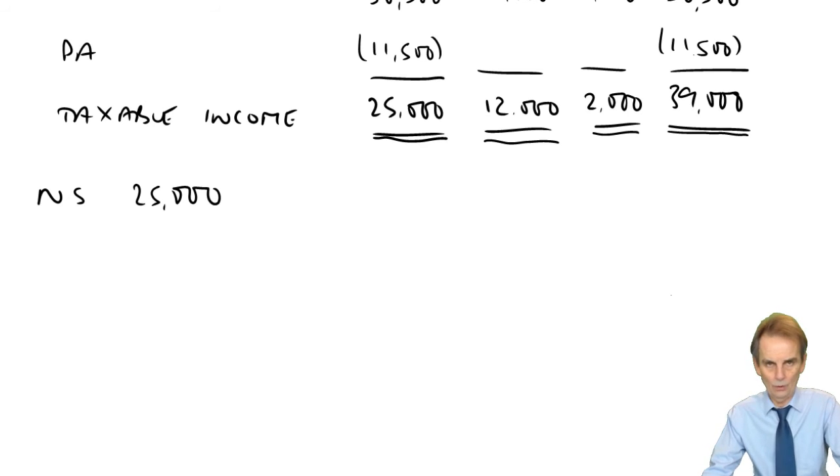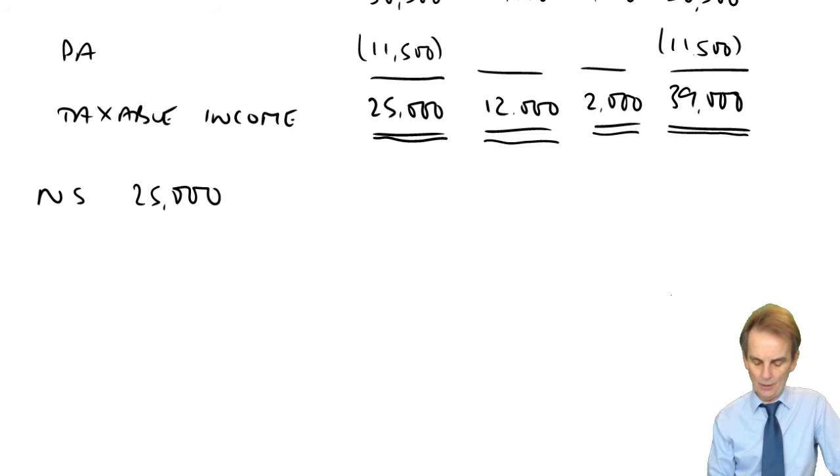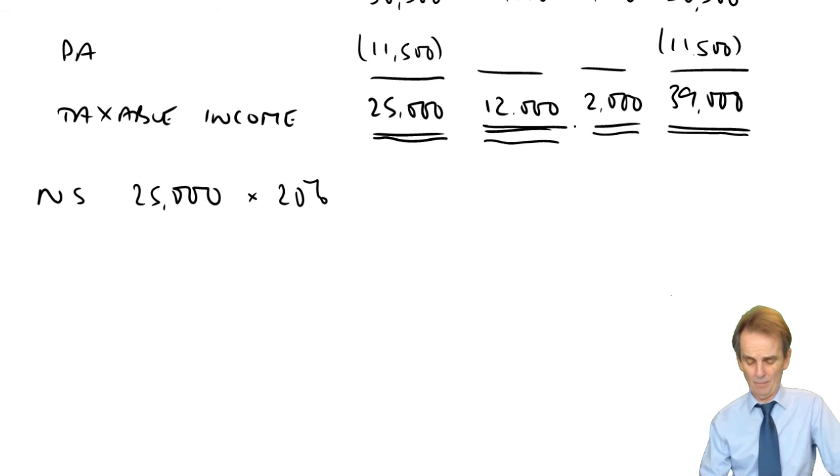So all of the taxable non-savings income falls within the basic rate band and therefore will be taxed at 20%. The non-savings income is dealt with. But now we've got £12,000 worth of savings income to deal with.